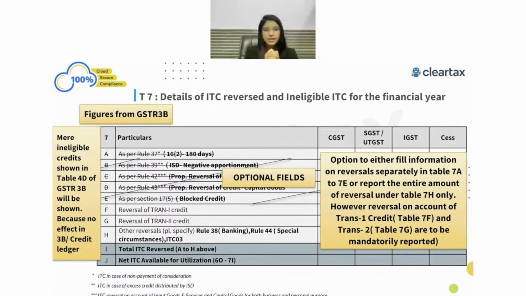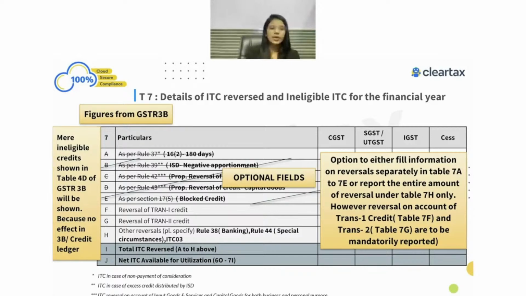In 4B2 we used to show others. So we never had that breakup properly. So they're saying, don't worry, I don't need all this breakup. You put the ITC which has been reversed in your GSTR-3B directly under 7H. So I can directly look into my GSTR-3B. You just look into 4B, what ITC was reversed, and show it in 7H.